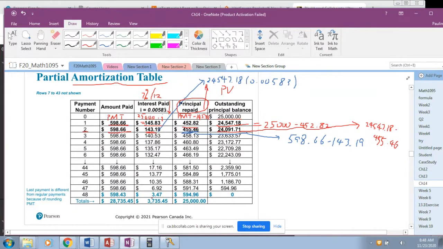The last month, just $3.47 goes to interest. The principal, the first month, $452 goes to principal. Last month, $591 goes to principal.